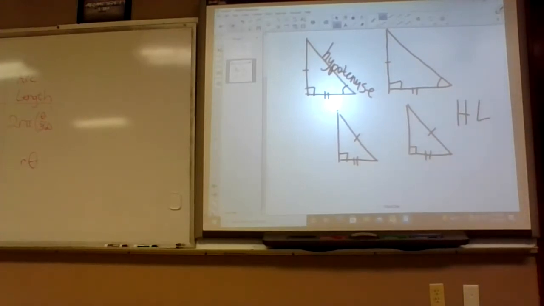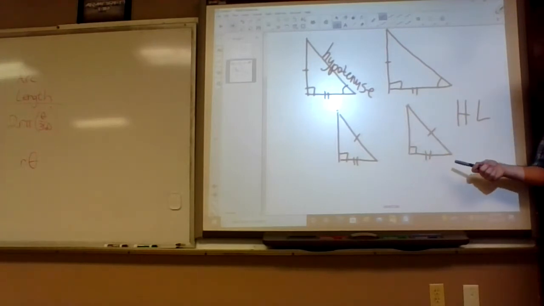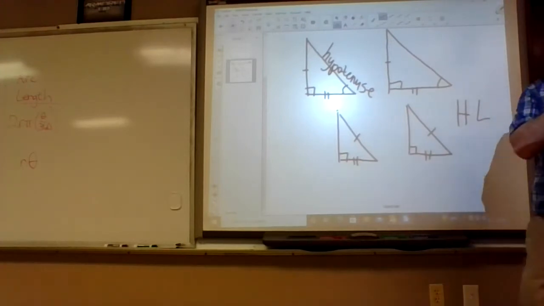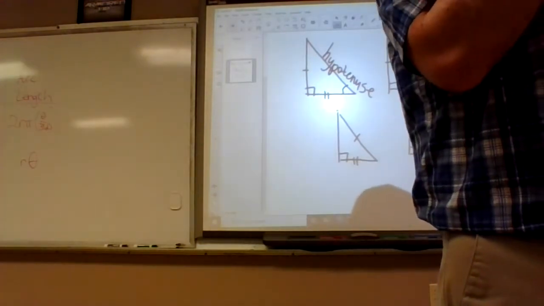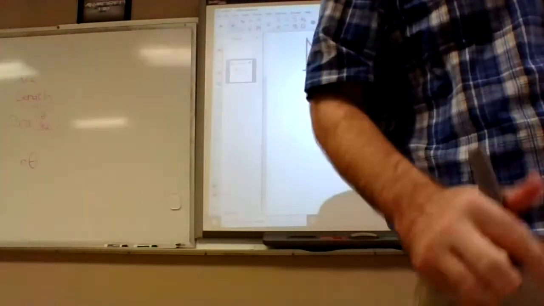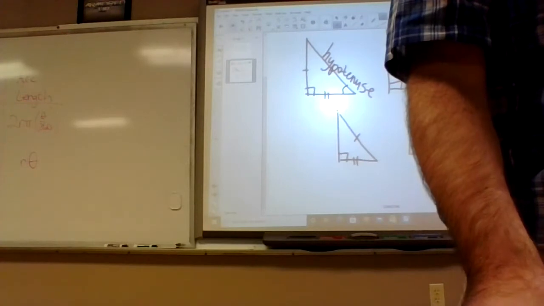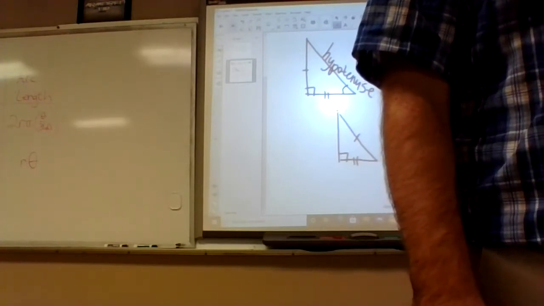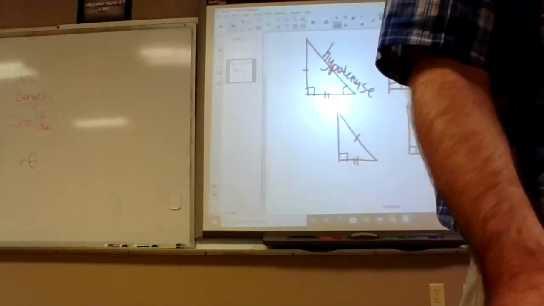The hypotenuse is across from the 90-degree angle. The leg is one of the other sides, obviously. If that happens on a right triangle, then the triangles are congruent. That's the right triangle stuff.